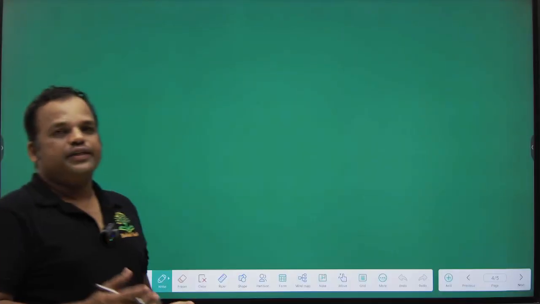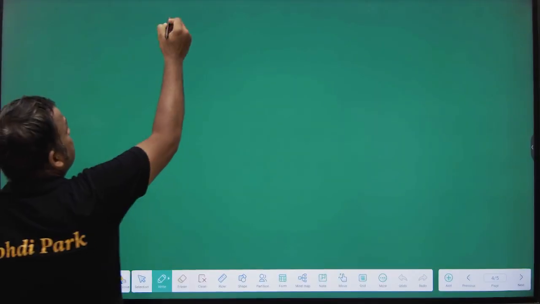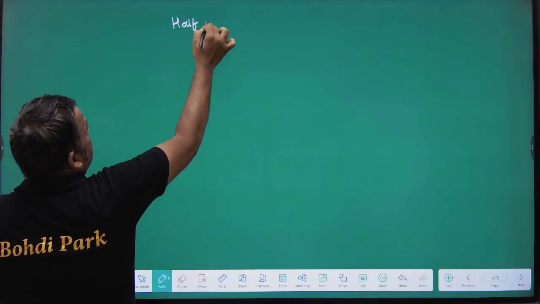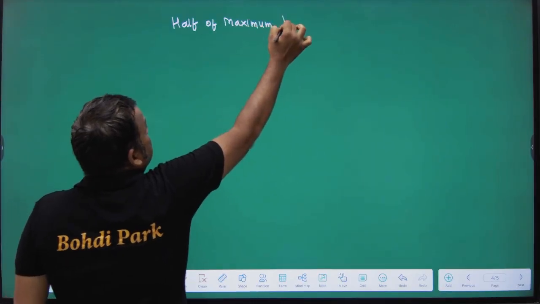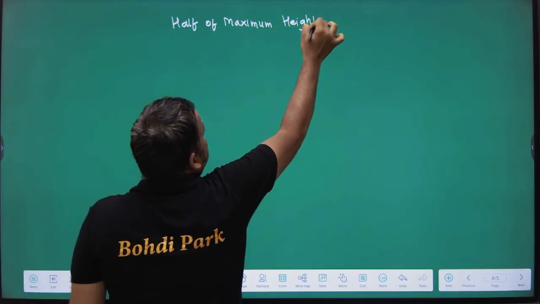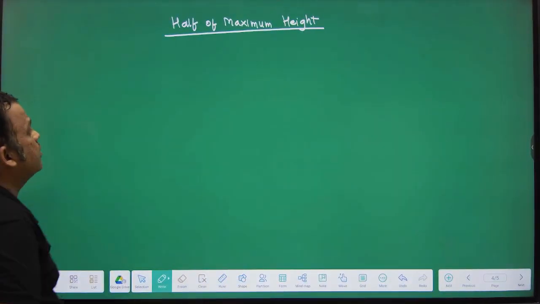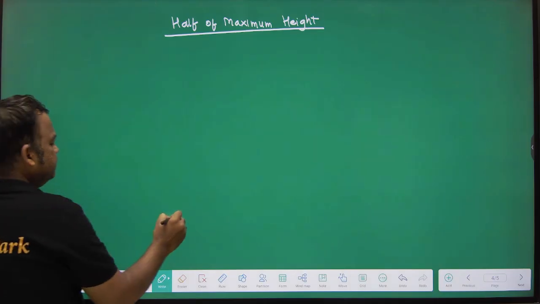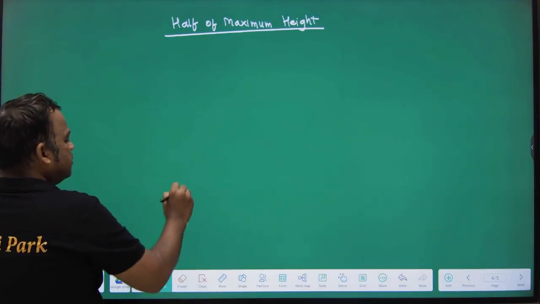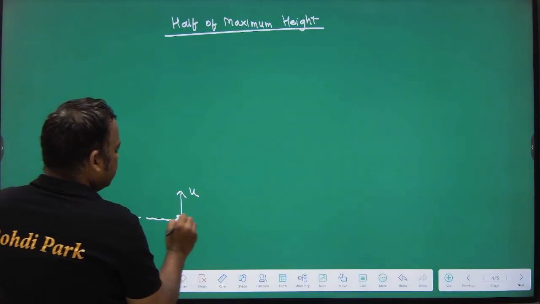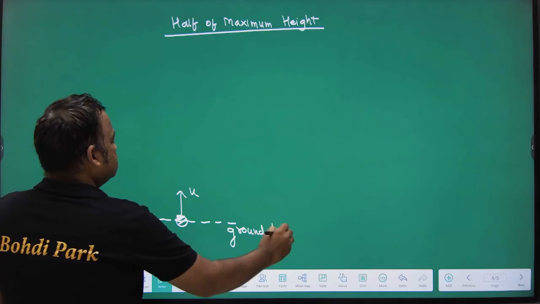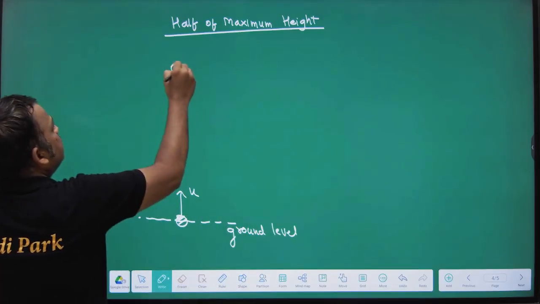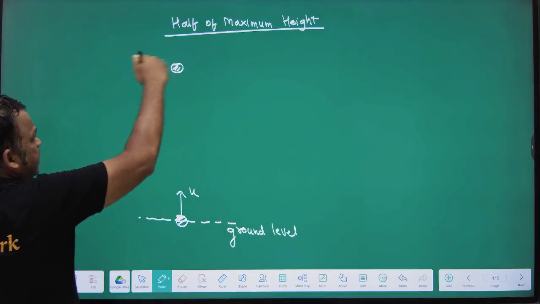Let's do some tricky questions. Half of maximum height. Suppose the ball is thrown from this point, this level, you can call it ground level, and up to this point the ball is reaching.